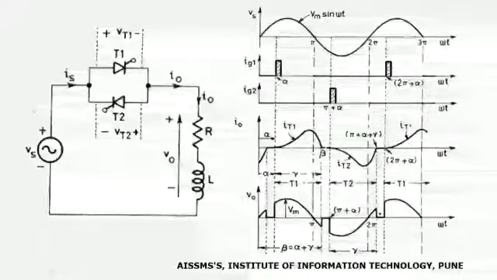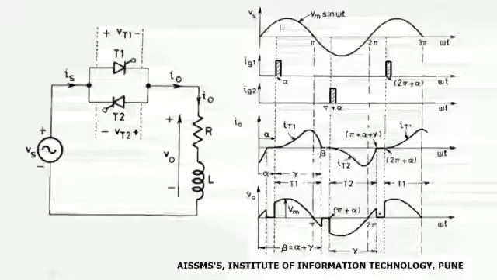Now, when the AC voltage is connected to this regulator, then initially a positive half cycle of voltage will get applied across the regulator. For this positive half cycle of a voltage, thyristor T1 will get forward bias and thyristor T2 will start operating in a reverse bias condition.